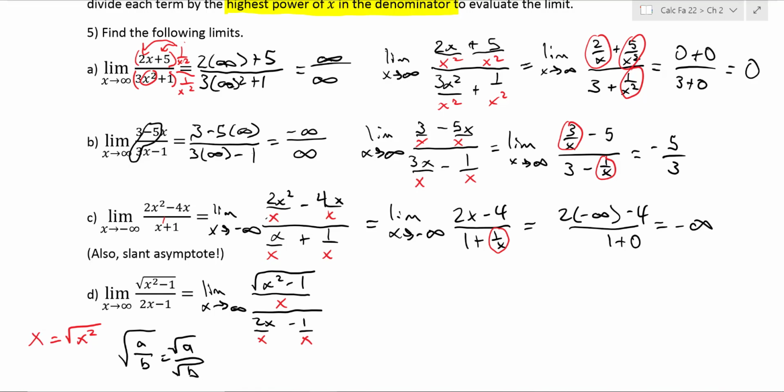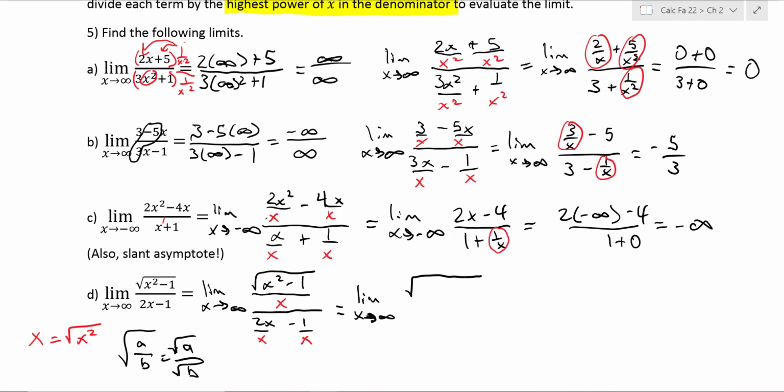But we can only combine those if we've got the same index. So if it was the square root of a and the cube root of b, we wouldn't be able to put them together. So the fact that we've got that square root in the numerator means we have to view x in some form as a square root to bring them together and actually divide those terms by our x power that we grabbed from the denominator.